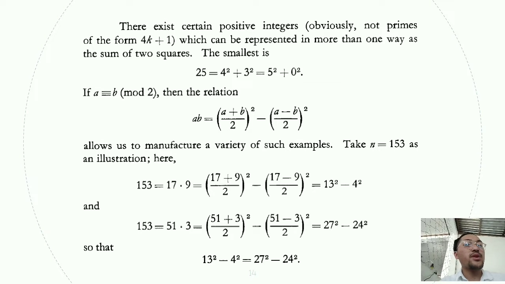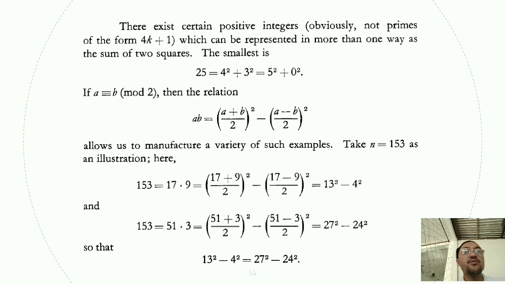Okay? We're going to factor, and then we have 17. The square of (17 plus 9) over 2 minus the square of (17 minus 9) over 2, and then we have 13 squared minus 4 squared. If you simplify 13 squared minus 4 squared, you will have 153. Another factorization of 153 is 51 times 3.